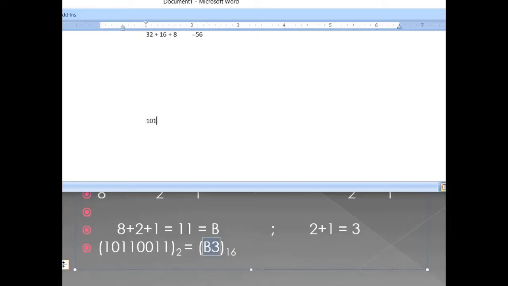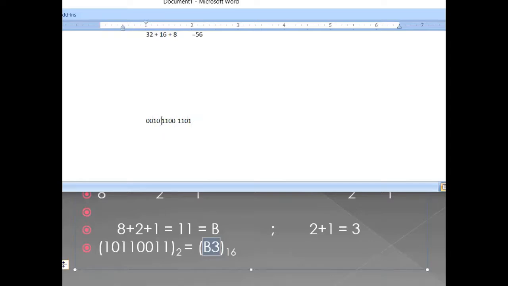Let's suppose this is your number 1 2 3 4 5 6 7, so you add a 0 on the left to make it 8, and let's suppose this was your number 1 2 3 4 5 6 7 8 9 10, so you add 2 zeros to make it 12, so you can make it into 3 groups.